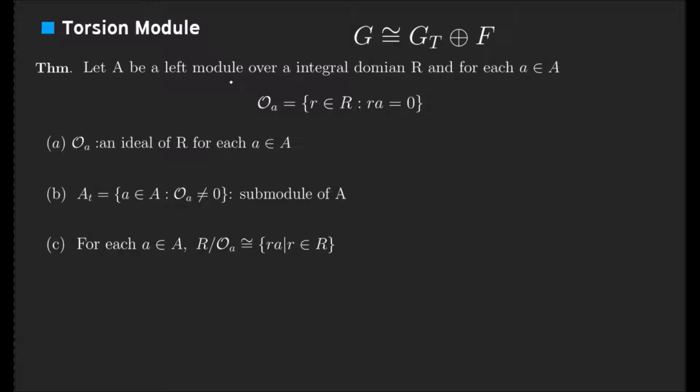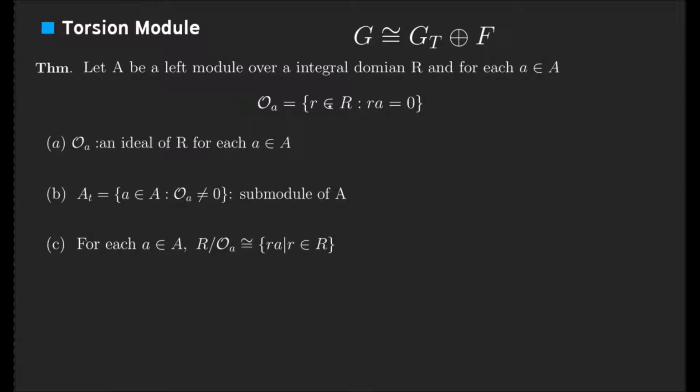Let A be a left module over the integral domain R. We can understand this as just a principal ideal domain, but in this case the principal property is not used. Just in this case, these theorems are satisfied for an integral domain, and for each a in A, the order O_a is defined here.